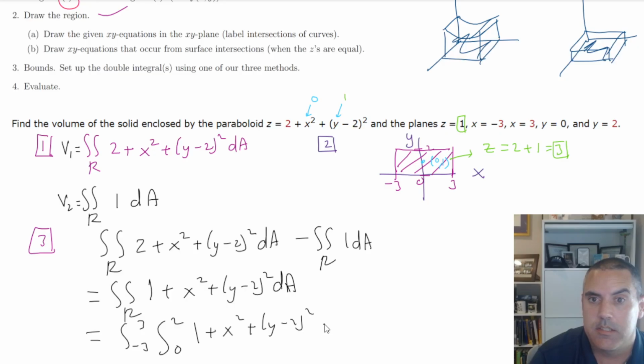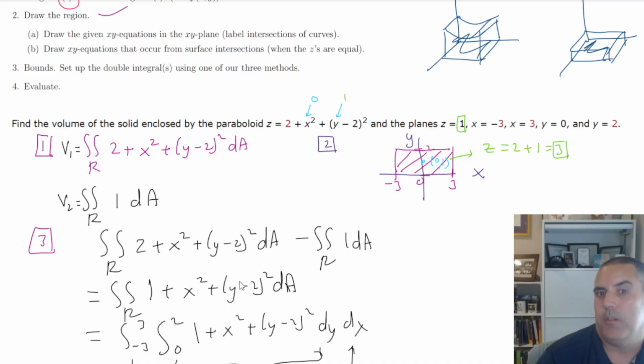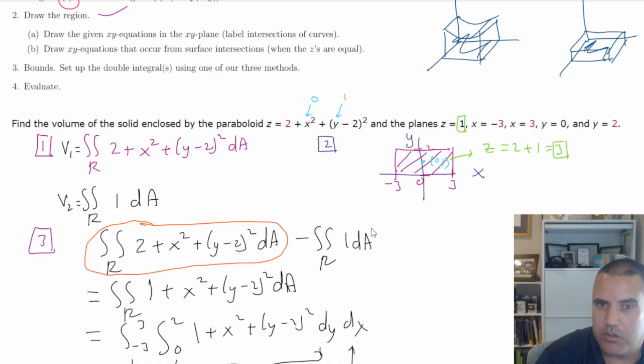Let's see, that's dy dx. Hopefully I've lined these things up correctly. Compute away, and it's the volume between. If you happen to get a negative, then you've done it in the wrong order. And if you wanted, you could just compute them separately and do the smaller number subtracted from the bigger number.